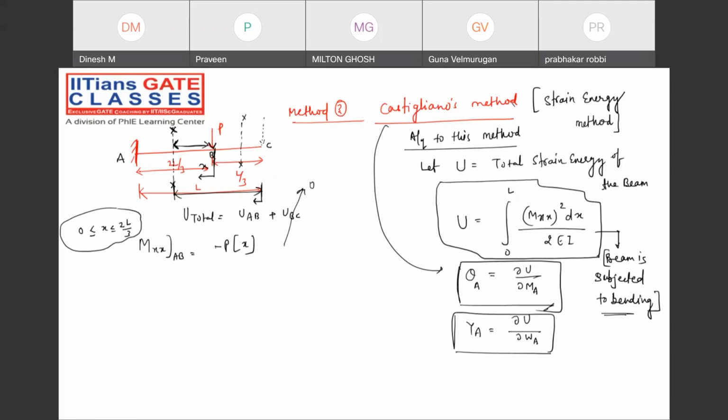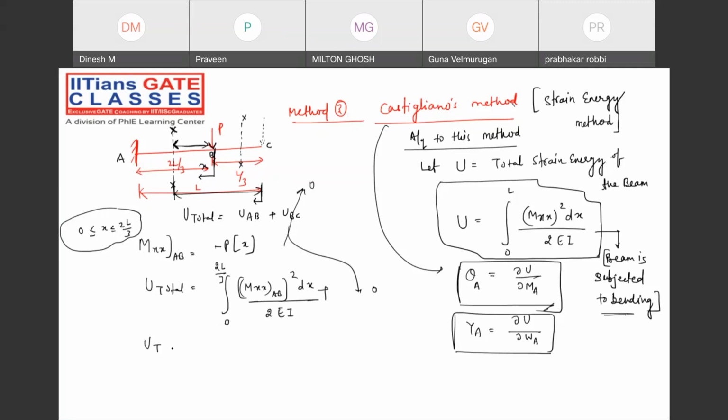Yes. So now what is the total strain energy? Mxx in AB whole square dx divided by 2EI from 0 to 2L by 3, and this other part will be 0.